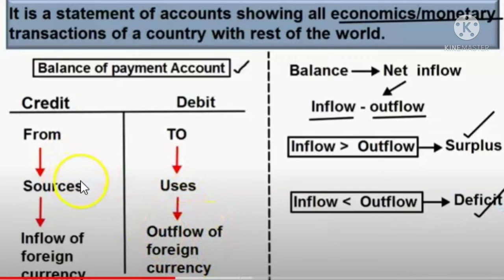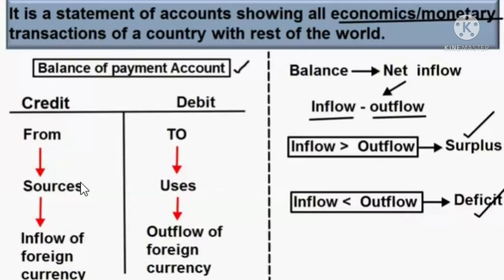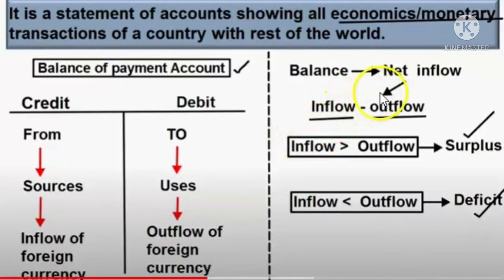Here sources means we are getting foreign currency from outside by their purchasing our goods, so it is an inflow of foreign currency. Outflow of foreign currency means we are importing their goods and transacting in the form of their currency. So balance is equal to inflow minus outflow, which is known as net inflow.